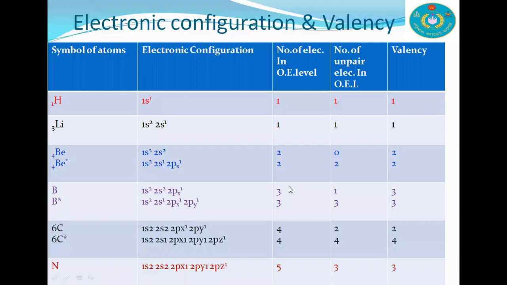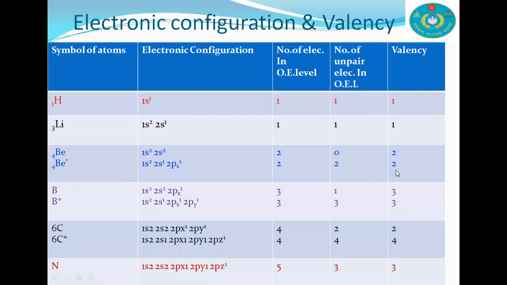Electronic configuration of different elements and their valency and valence electrons. In case of hydrogen, electronic configuration 1s1, number of electrons in outermost energy level 1, number of unpaired electrons 1, and valency 1. In case of lithium, valency 1, number of unpaired electrons in the outermost energy level 1. In case of beryllium, number of outermost electrons 2, so its valency 2.